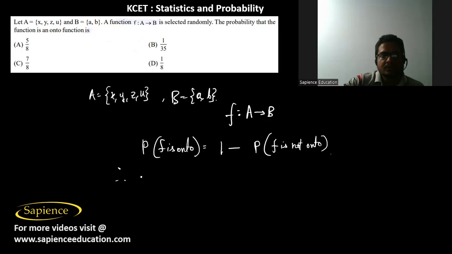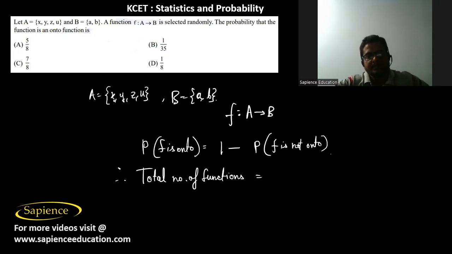Now the total number of functions that can be formed from A to B will be equal to, now x can map with either A or B, y can also map with either A or B, z can also map with either A or B. So each of these 4 elements in A has got 2 options.